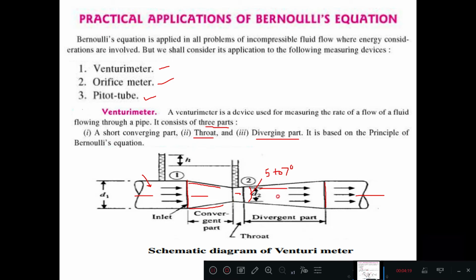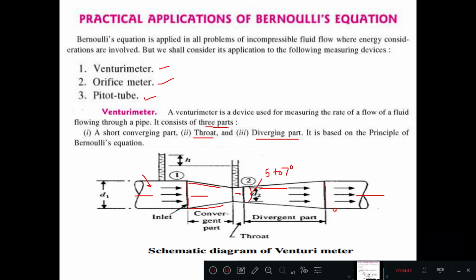For example, a 300 by 150 mm venturimeter fits a 300 mm diameter pipe and has a 150 mm diameter throat. For accurate results, the venturimeter should be preceded by at least 10 diameters of straight pipe.